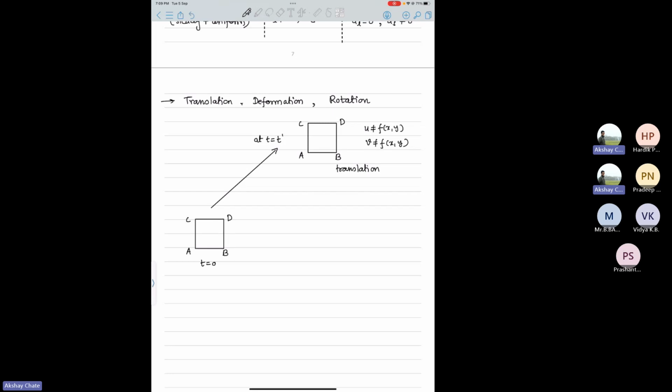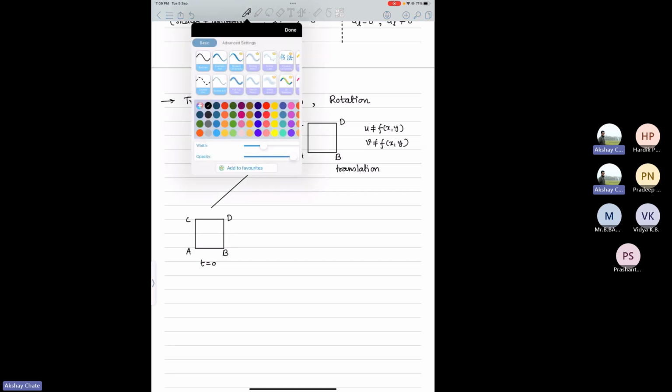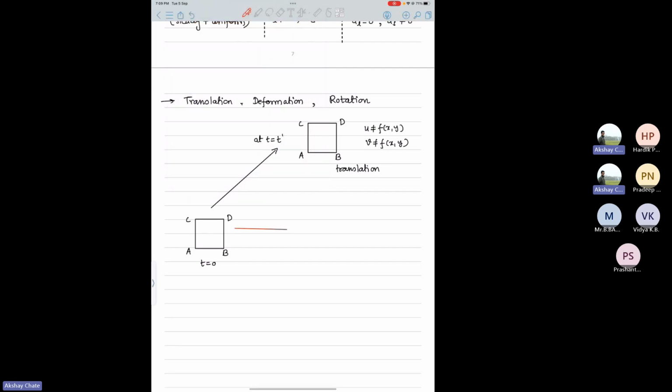And if it is a rotational thing, what will happen? Maybe I'll use some different color. So at t equal to t dash, if it is a rotation, what will happen? Can I copy this and paste? Copy, paste, but I want to turn it.